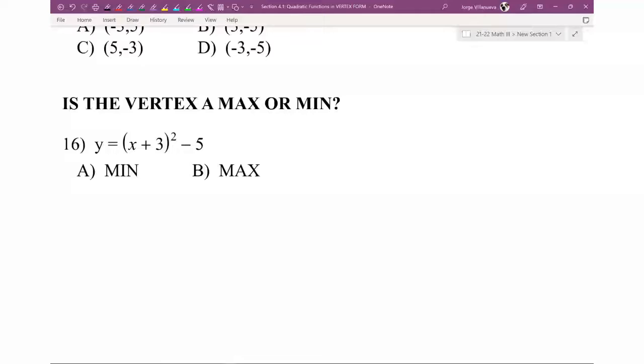Up, right? I don't know what the graph looks like, but it's going to open up. So that means the vertex would be down here. So that makes it a minimum, right? If right here they had a negative number, then it would open downwards, which gives it a high point. So that gives us a maximum, okay?